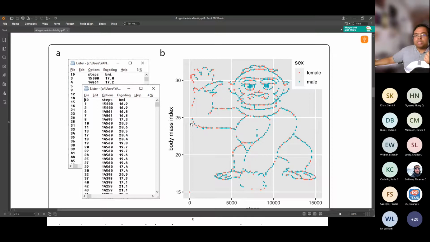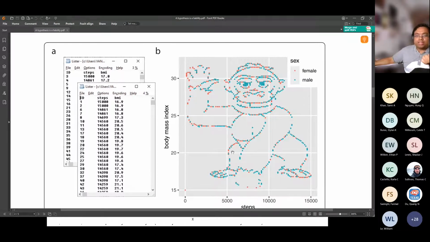The people who were not told what they were looking for plotted the data and found that it is essentially nonsense, because the data is plotted in the shape of a gorilla. And the people who were told what they were looking for essentially missed the gorilla in the data.